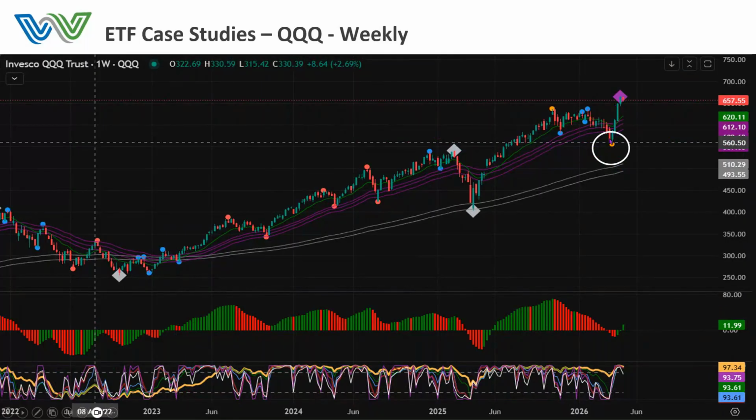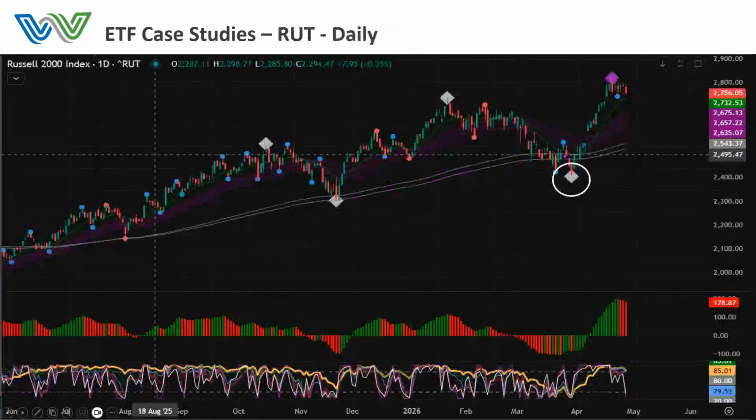A lot of pent up demand here with the geopolitical situation. But the Russell 2000 got the gray. This was your breakout 4 setup right here, and then that took off as well. So really, all of the indices caught their bottom at the same time and worked their way up.